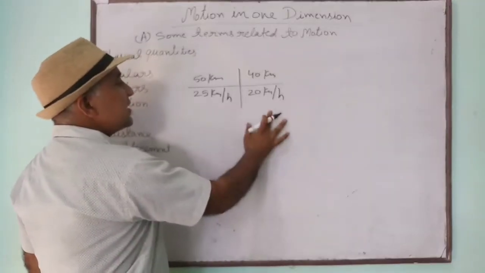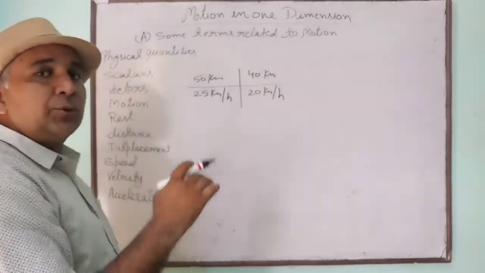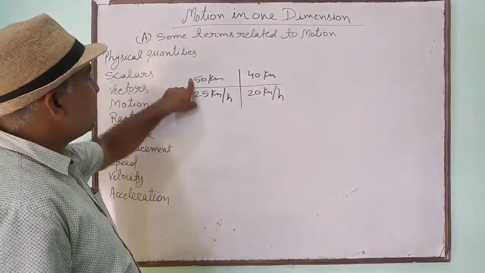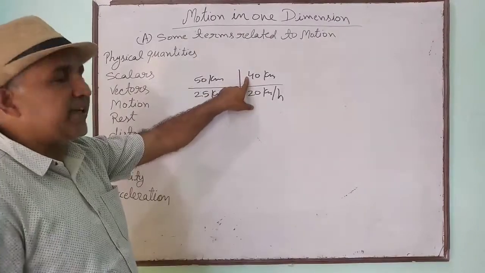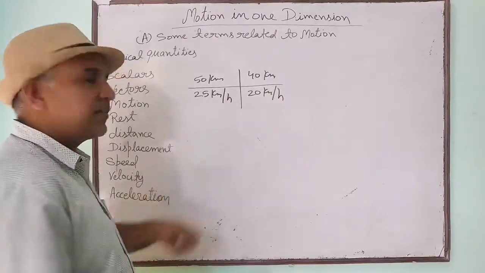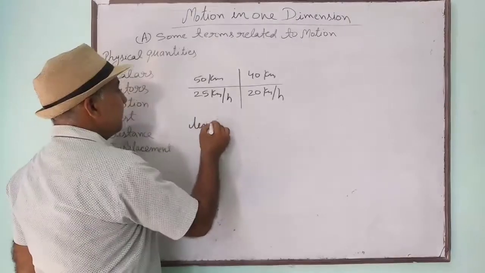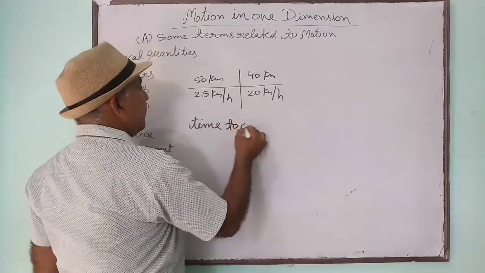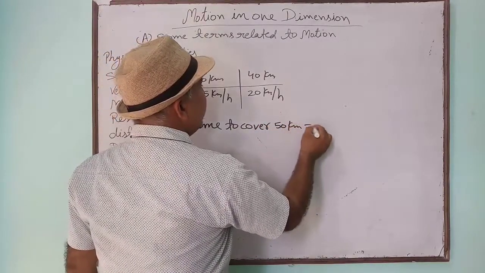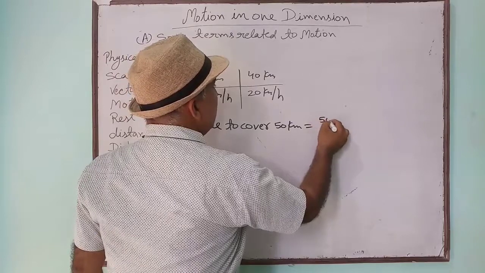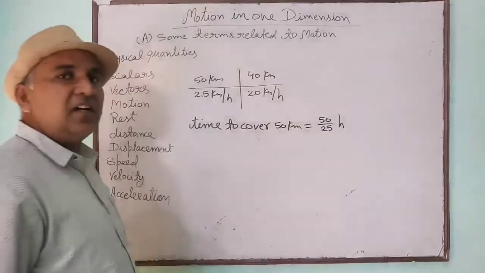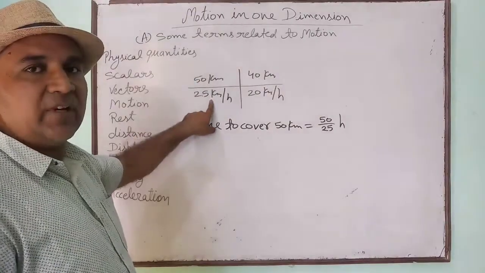To find the average speed, we know the formula: total distance upon total time. Total distance we can find by adding these two, 50 plus 40. But time is not given here. So first we will find the time. Time to cover 50 km is equal to distance upon speed, and answer will come in hours, because kilometer to kilometer will be cancelled.